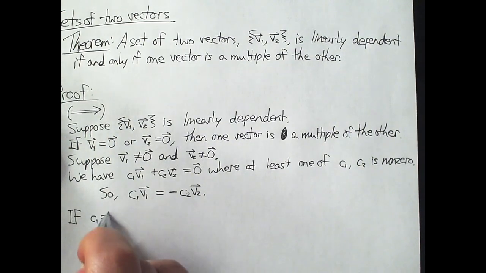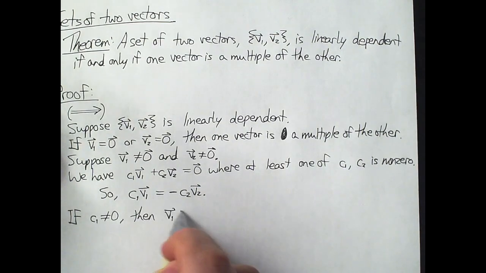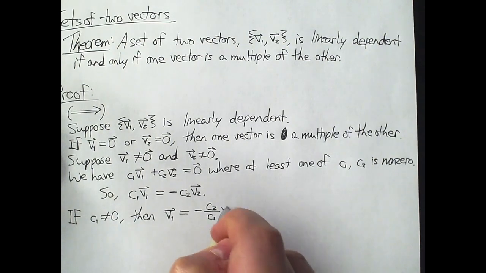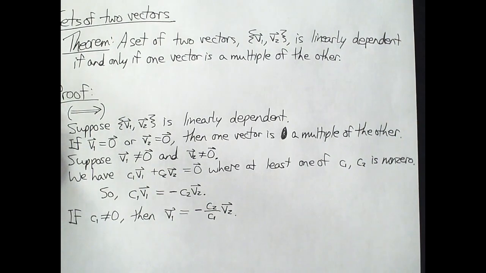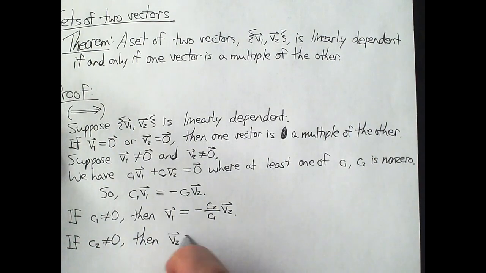If C1 is non-zero, then we can divide by it and say V1 is negative C2 over C1 V2. The other possibility is C2 might be the non-zero one. In that case, we could say that V2, divide both sides by negative C2, and you get negative C1 over C2 V1.